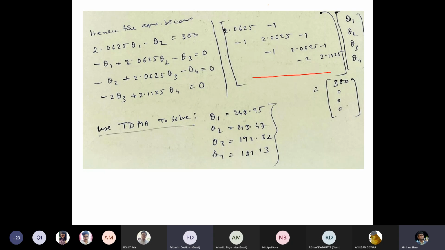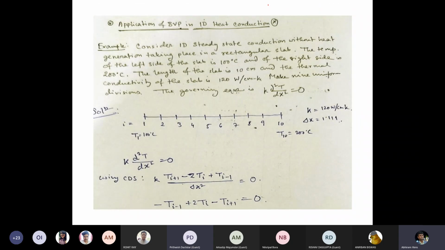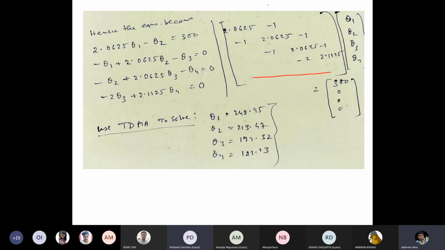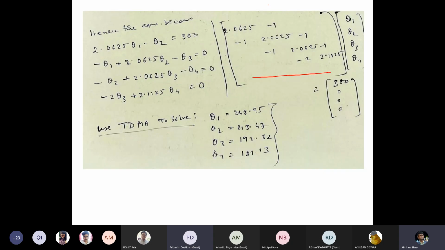For the initial part, I am just giving these simple 2 examples to show you the approach, how a differential equation can be solved numerically with the help of the finite difference method. If you have understood this approach up to this point, then one step is over. At least the beginning part is done.